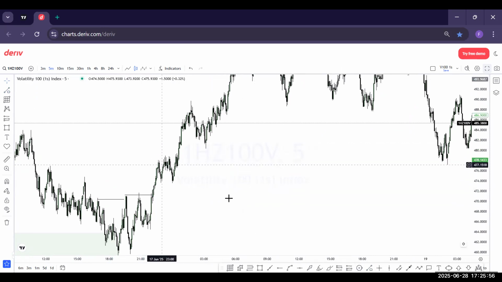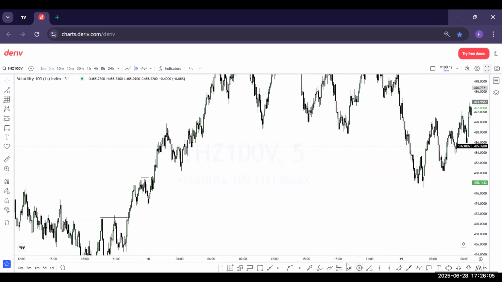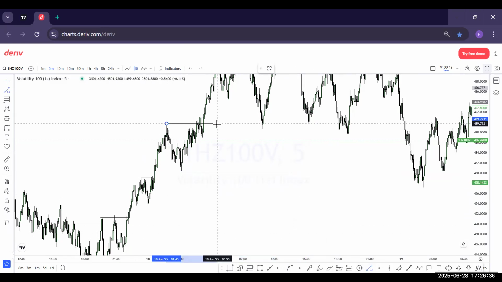See price giving us breaks of structure. So I have the little sweep there, and this becomes your inducement. We have the break.